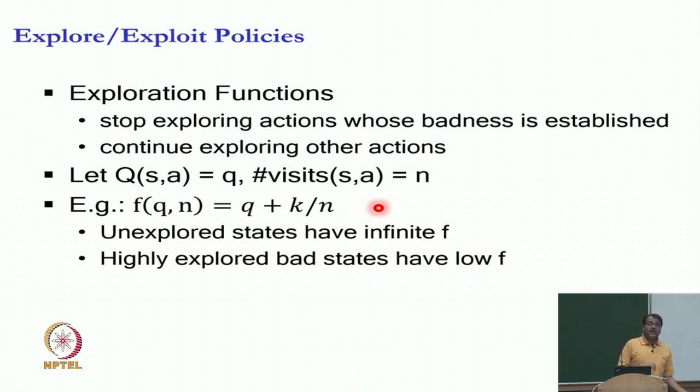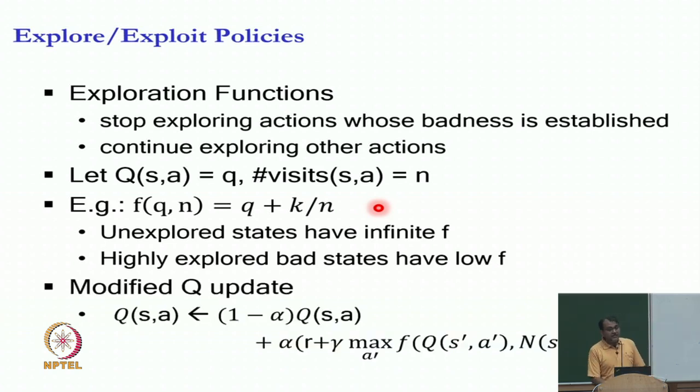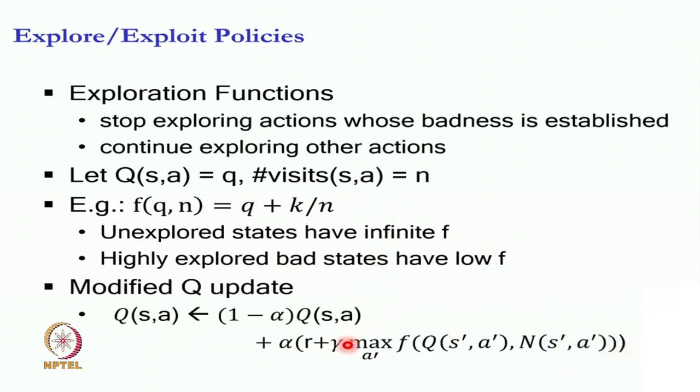Now, the beauty of an exploration function is that when I am doing the Q value update while learning, not in the end while acting, I will do something like r plus gamma max of not Q(s', a'), but f of Q(s', a') and n(s', a'). So, instead of backing up the Q function, I will back up this exploration function f.